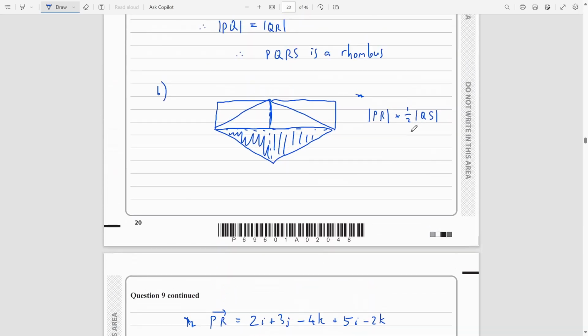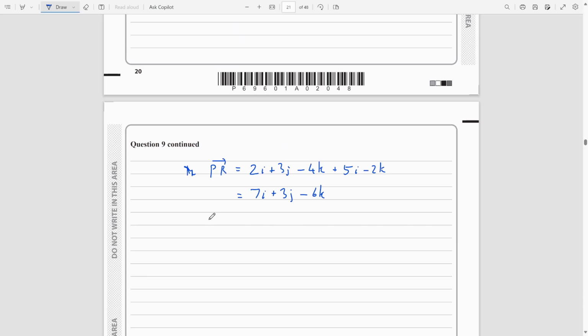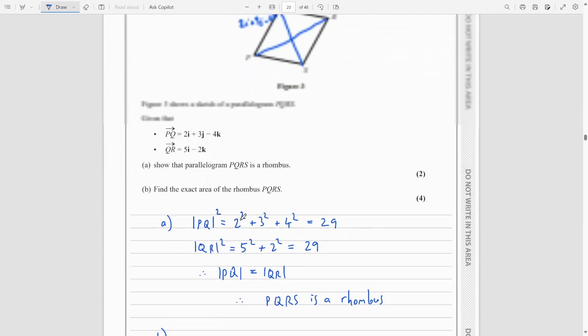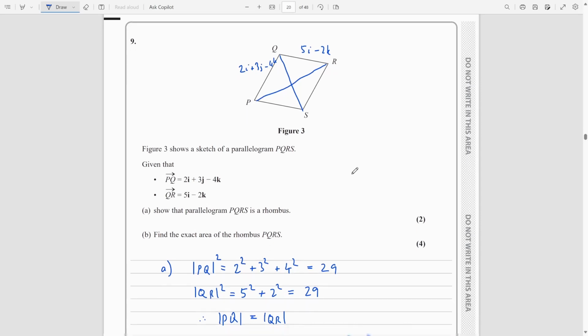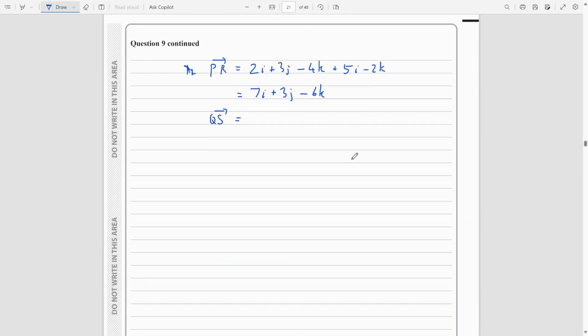Now we also need QS. So QS, how do we get from Q to S? Well, it's going to be minus PQ and then plus PS. PS is the same as QR. So it's going to be minus this bit. So that's minus 2i minus 3j plus 4k and then plus 5i minus 2k.